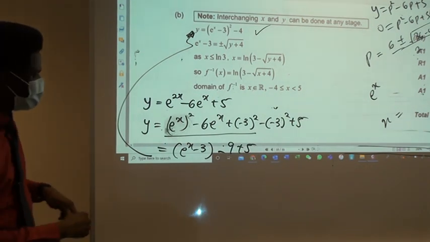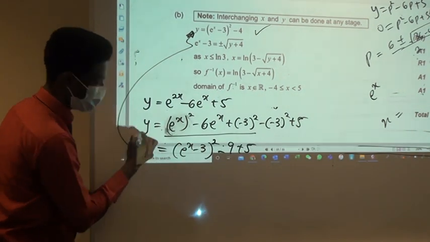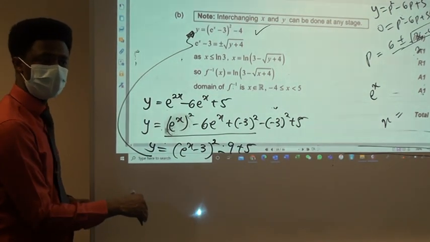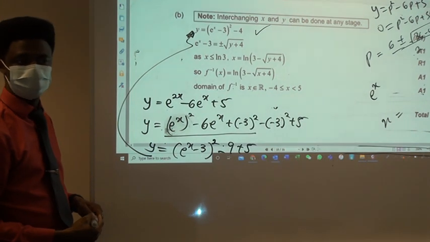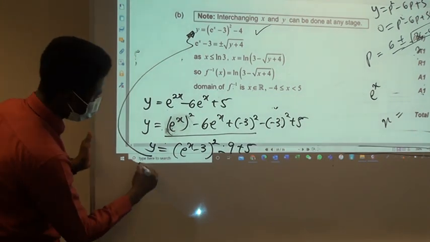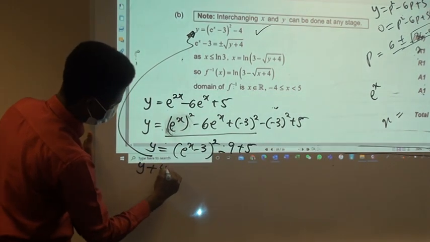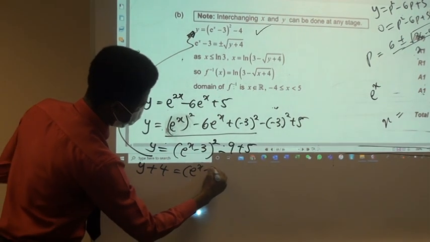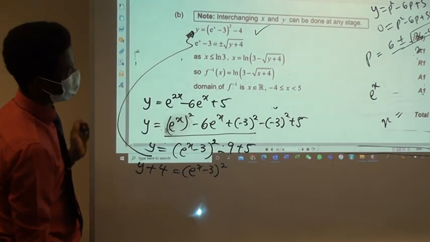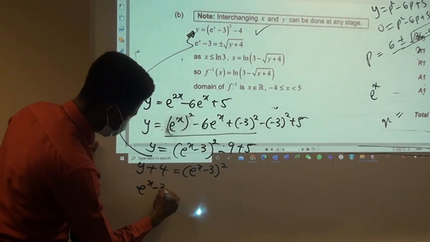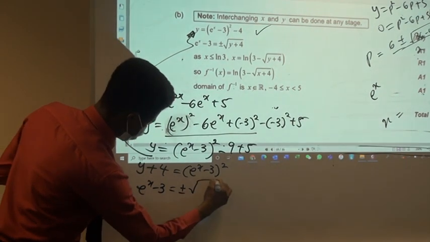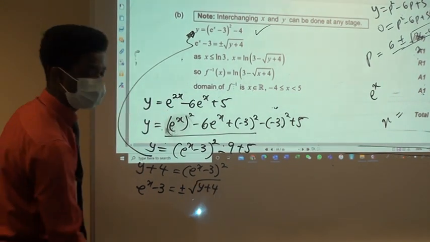The reason for that is, if this is a square and this is y, when you try to isolate x, it's easy. x is now in one location. Understand? So now you have y, minus 4 becomes plus 4, and this is just (e^x minus 3) all squared, which you can now find the square root of. So e^x minus 3 is now plus or minus the square root of y plus 4.